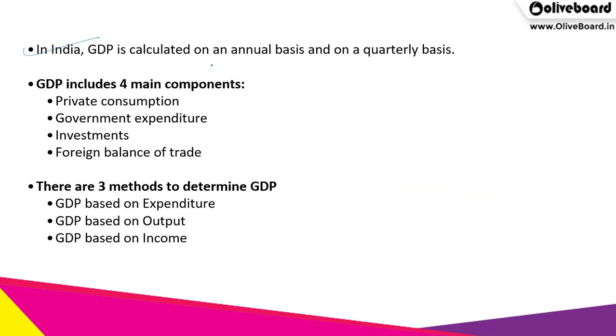In India, GDP is calculated on an annual basis and also on a quarterly basis. So quarterly GDP predictions come, if you see the newspapers, as per the quarters.